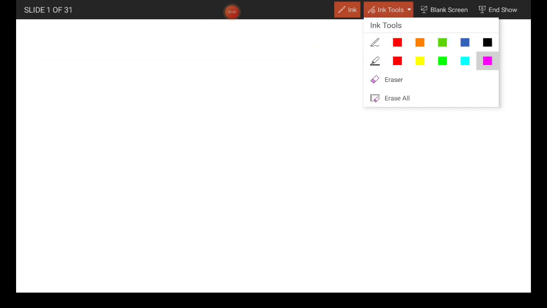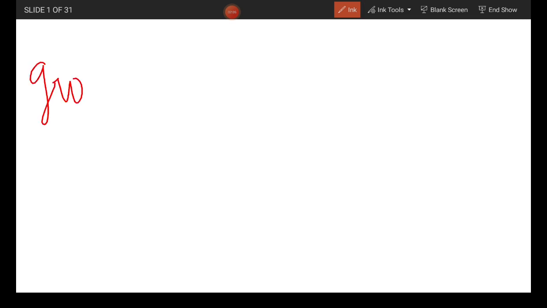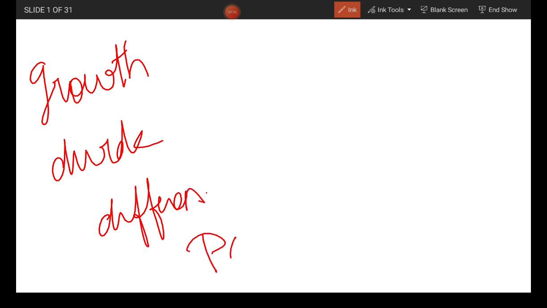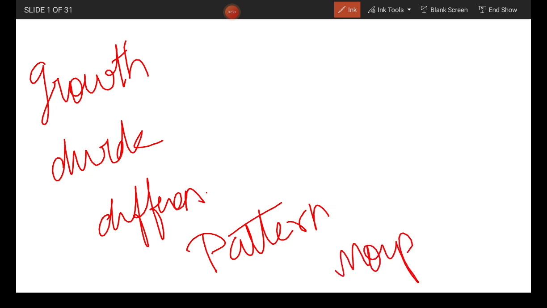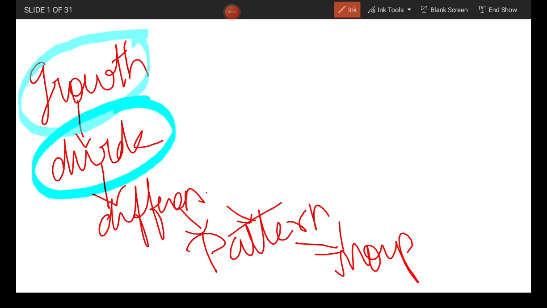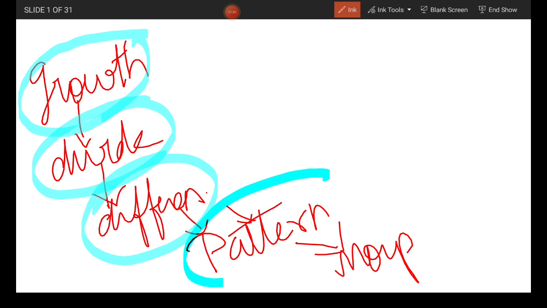In order: first growth, then divide, then differentiate, then pattern formation, specification, morphogenesis.